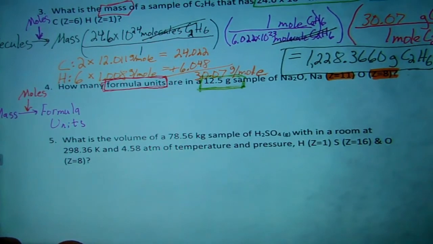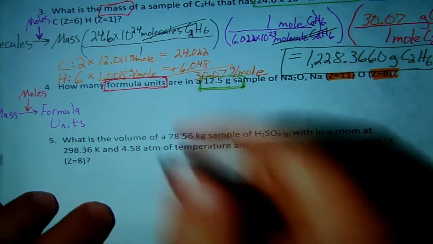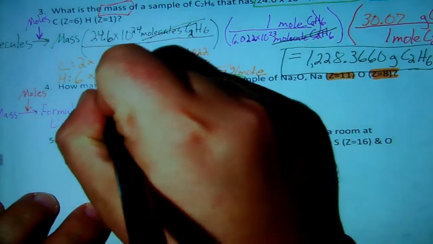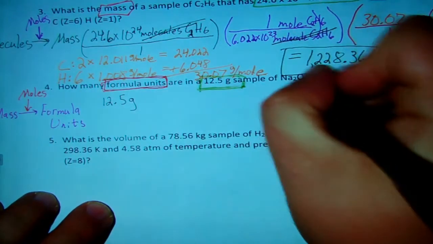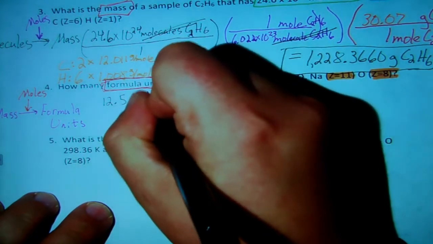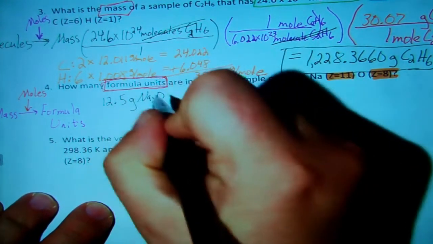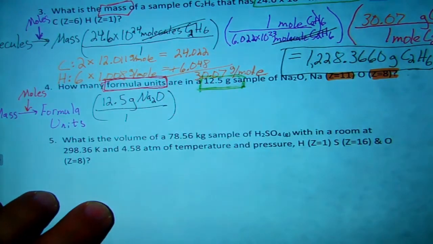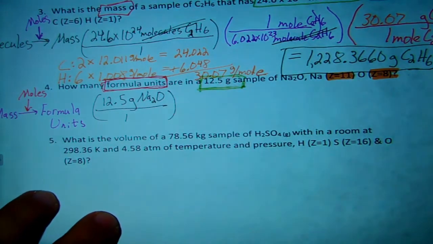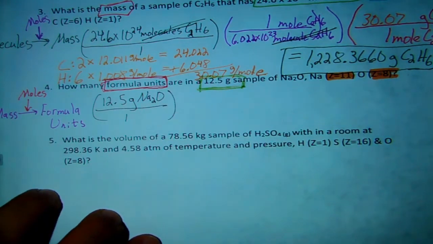So let's start this thing off just like we have before. 12.5 grams, and this is Na2O all over 1. Continuing on with this, we're going to set up our first conversion factor.